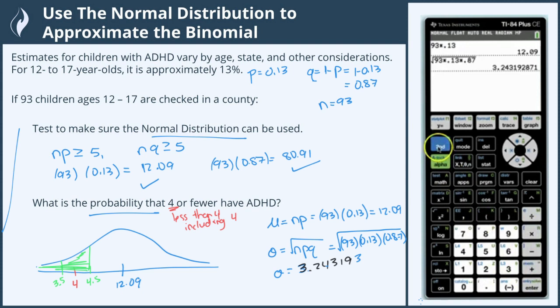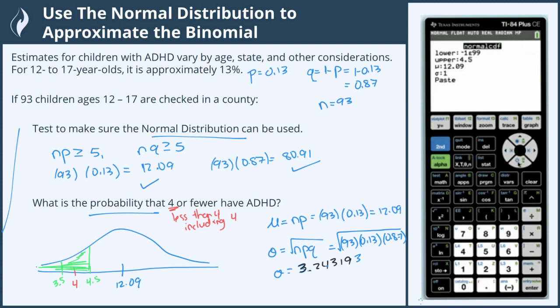When I'm looking for area, I always go to normal CDF. Let's check our calculator. We want second VARS, down to normal CDF, which is number 2. My lower bound is going to be negative infinity, so we use negative 1E99. My upper bound is 4.5. My mean we found to be 12.09.